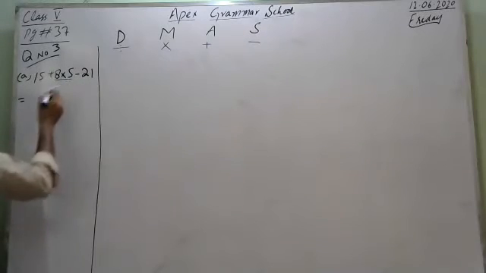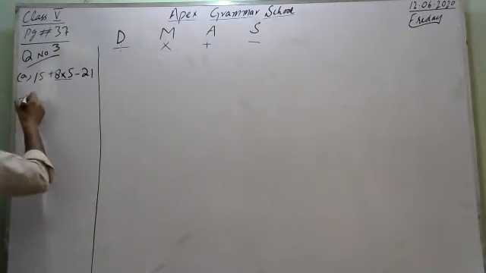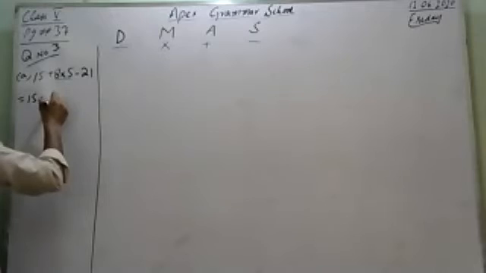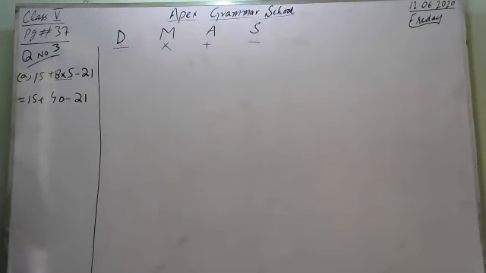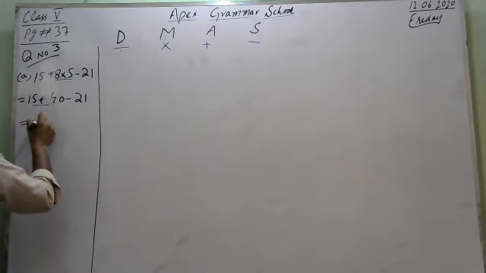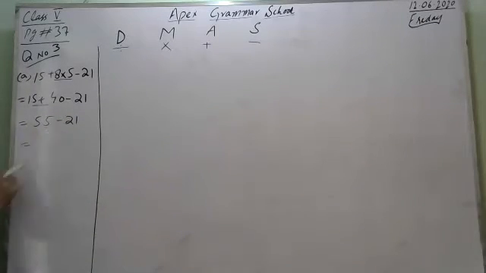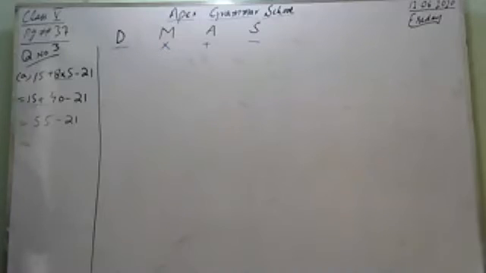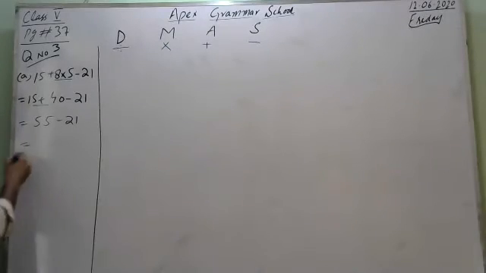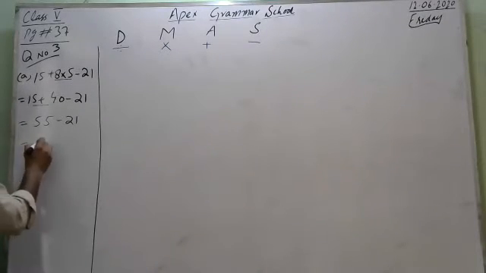First of all, multiplication. 15 plus 40 minus 21. Now addition. 15 plus 40, 55, minus 21. 55 minus 21 is 34.